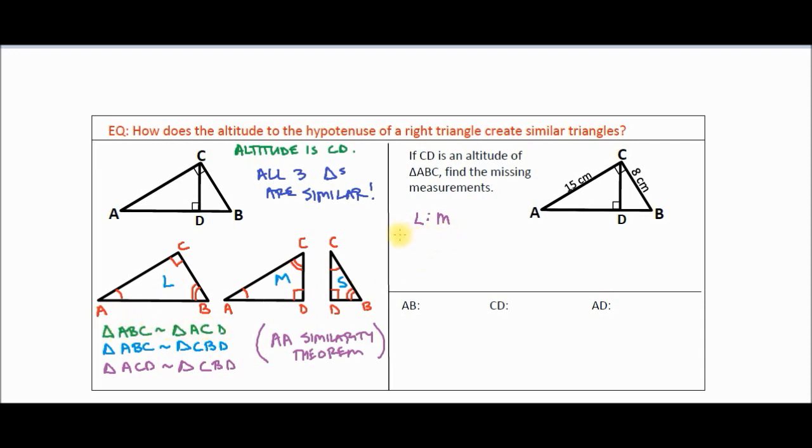We can say that AB over AC is equal to BC over CD, which is equal to CA over DA. So look what I did. I went ahead and just took the large triangle and the medium triangle, and I wrote my statement of proportionality. Okay, so there's large to medium.